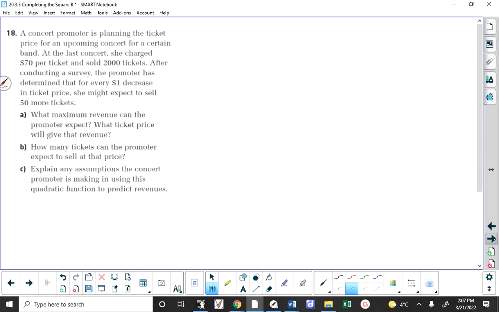Instead of increasing the ticket price and losing people, she's decreasing the ticket price and gaining people. So what we're going to do is let X equal the number of $1 increases.